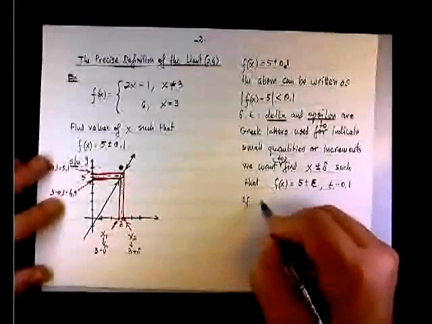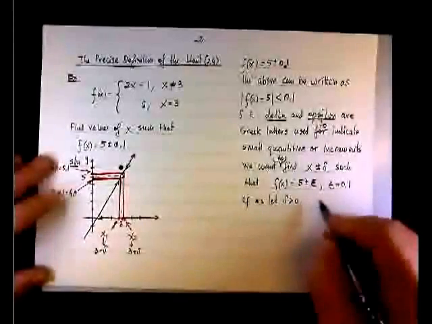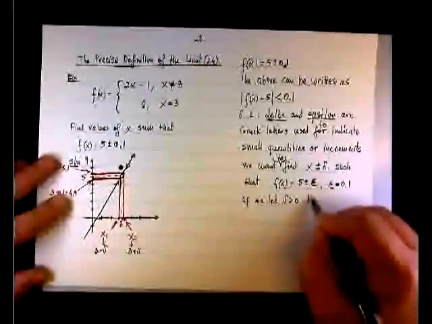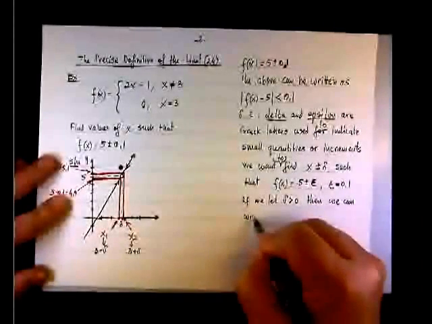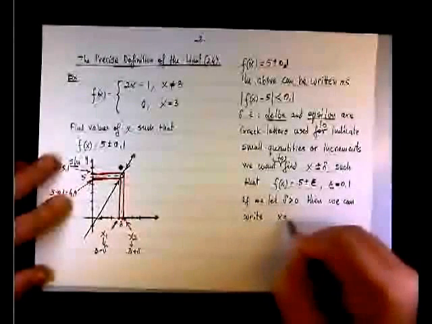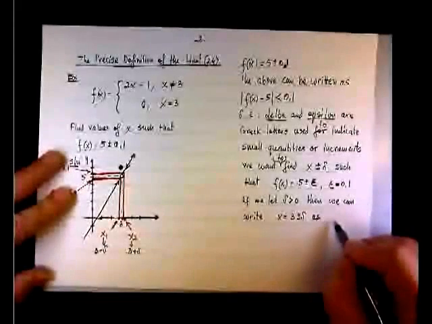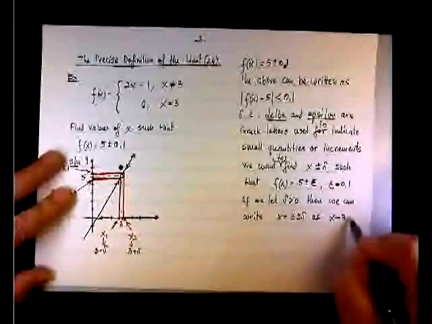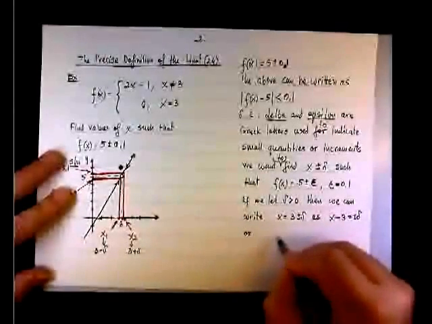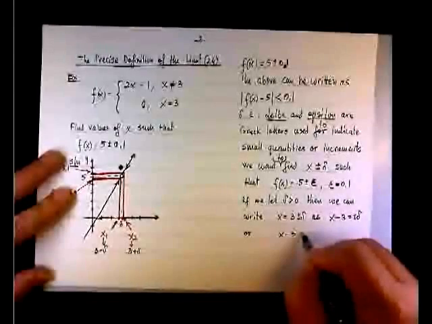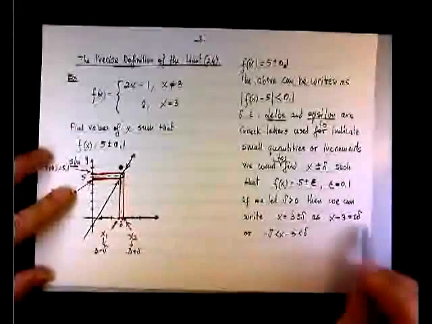So we're going to say that if we let delta be a positive quantity, then we can write x equals 3 plus or minus delta as x minus 3 equals plus or minus delta, or x minus 3 is less than delta and greater than negative delta.